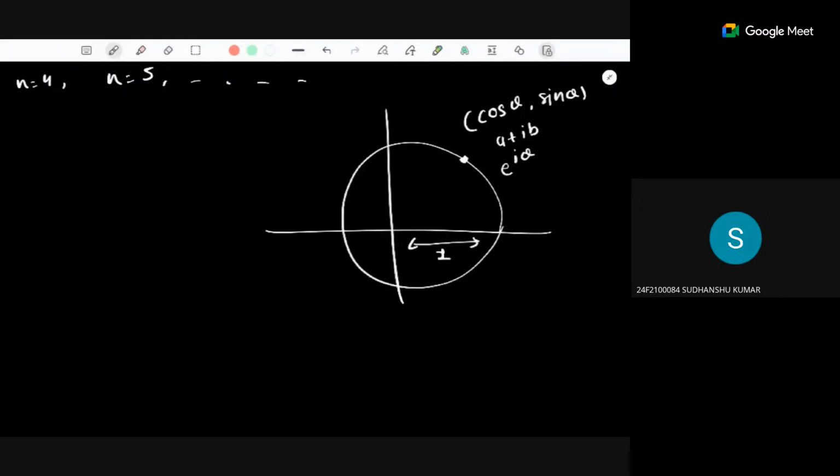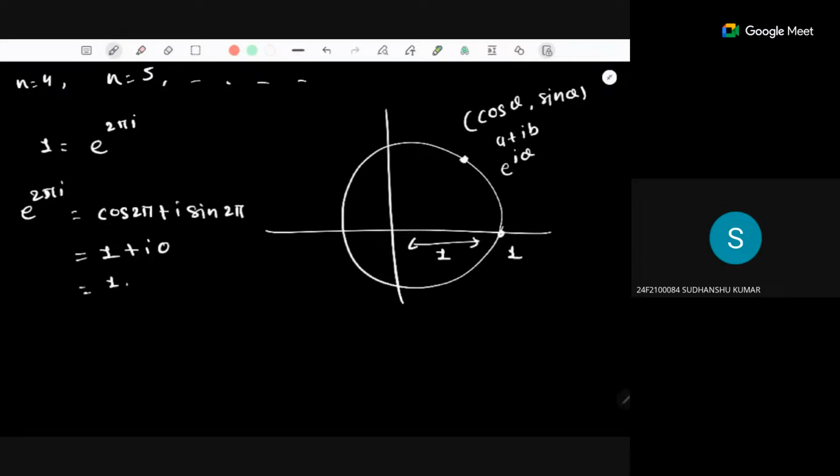Okay. So if we have a unit circle, then we know that we have a point over here, 1. Right. So this 1 can be written as e to the power 2 pi iota. Because what is the value of e to the power 2 pi iota? This is the same as cos 2 pi plus iota sin 2 pi, which is nothing but 1 plus iota into 0, which is nothing but 1.